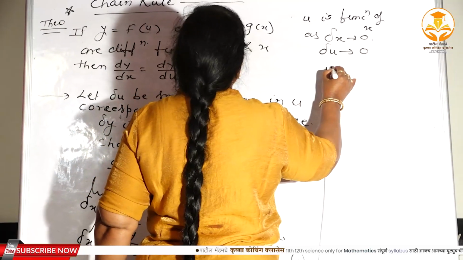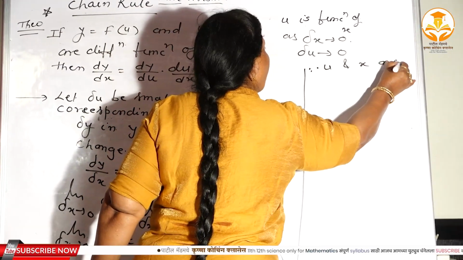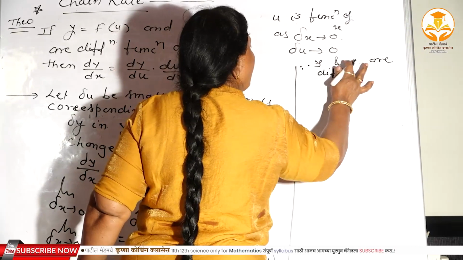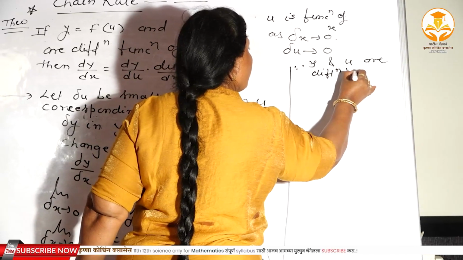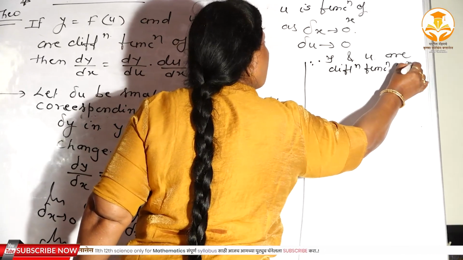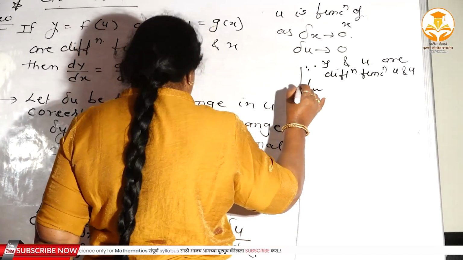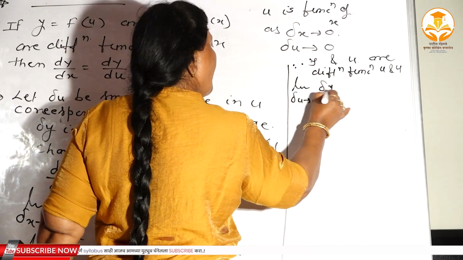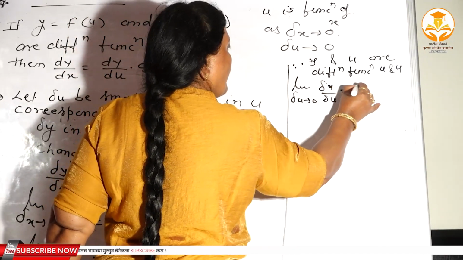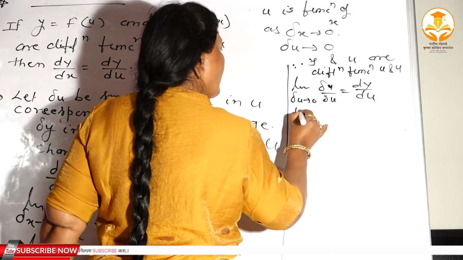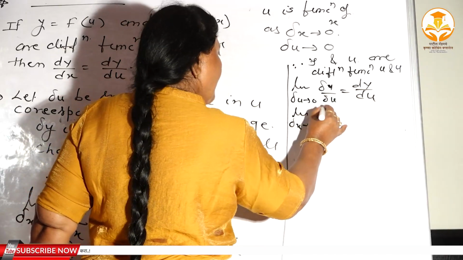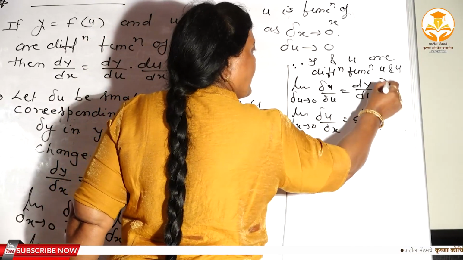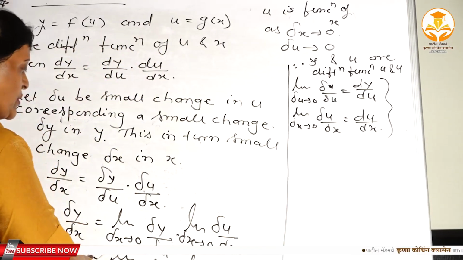Again, since y and u are differentiable functions of u and x, by the definition, limit del u tends to 0, del y divided by del u is equal to dy by du. And limit del x tends to 0, del u divided by del x is equal to du by dx. Right? They have given this already, and you have to substitute this value in 1.